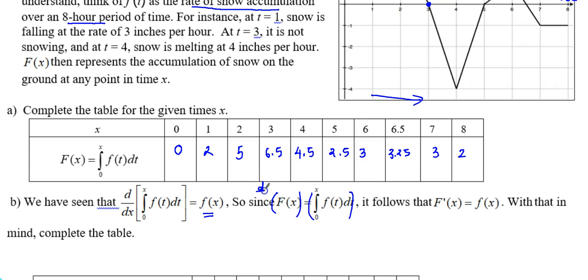This is very important to understand. If I take the derivative of F, it becomes F prime. If I take the derivative of the antiderivative, I get f of x. So if we keep this in mind, that the derivative of the antiderivative gives the original one back, how do we complete this table?